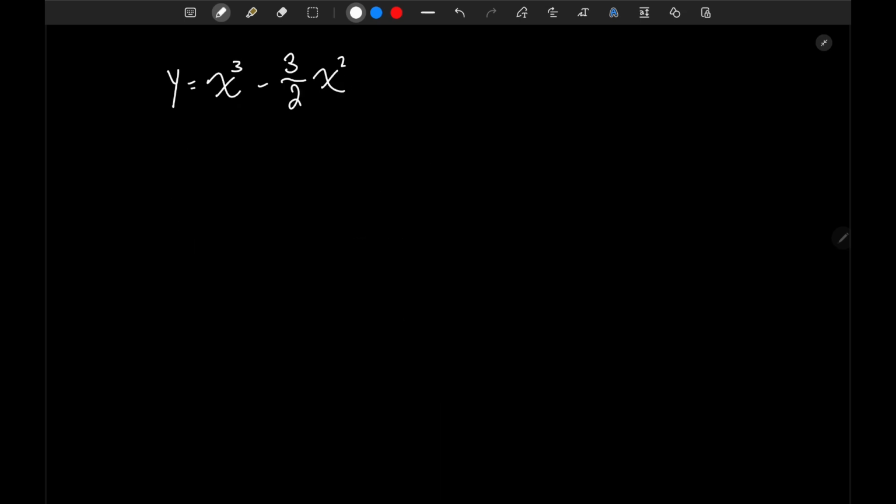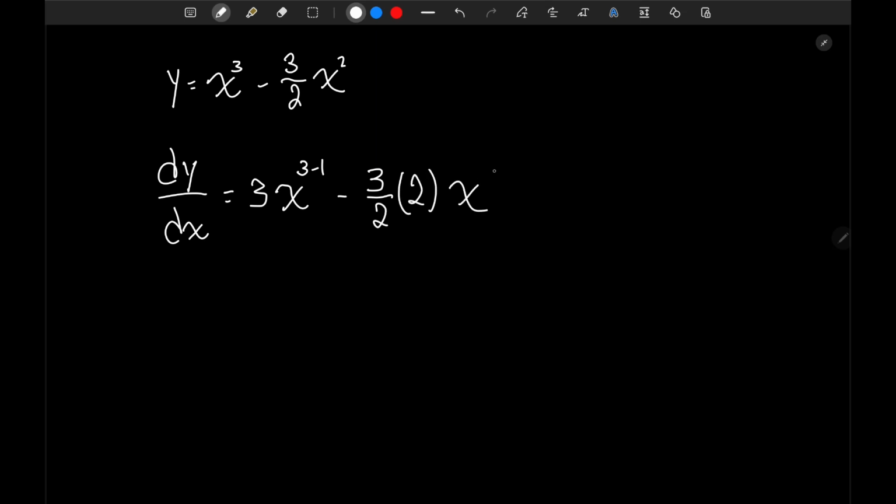y is equal to x cubed minus 2 over 3 x squared. Taking the derivative, dy over dx is equal to, multiply by the power, minus 1 from the power. Simply do the same on this side. Multiply by the power, minus 1 from the power here. These 2's cancel out.